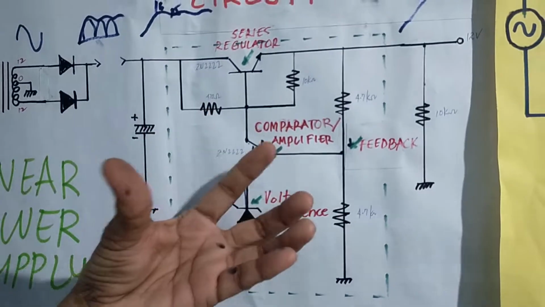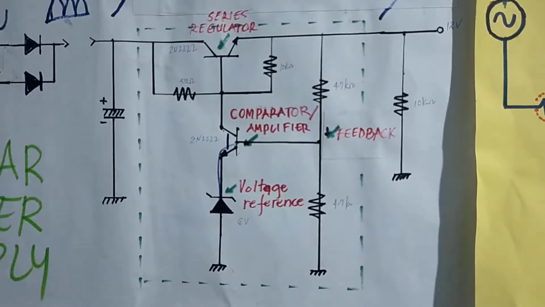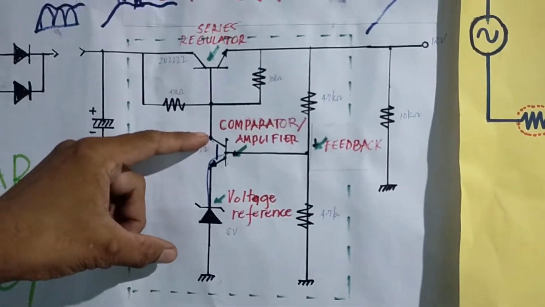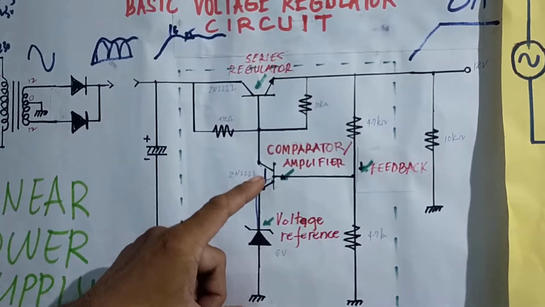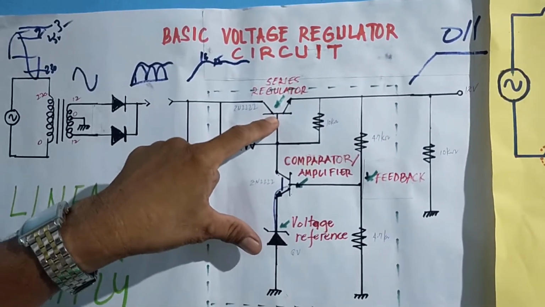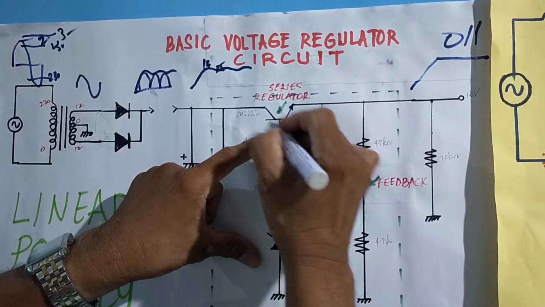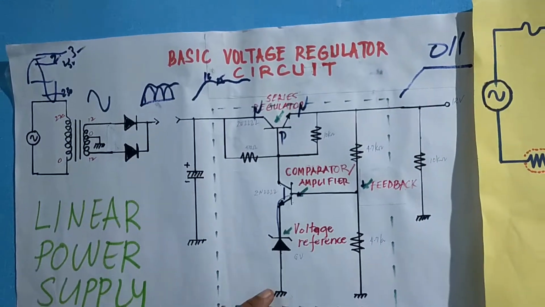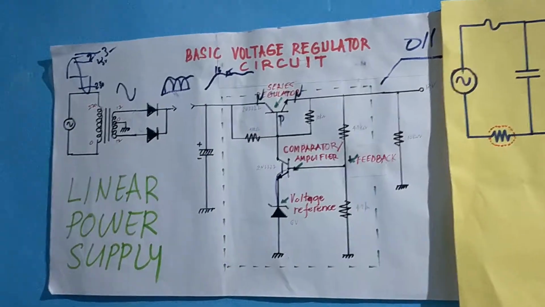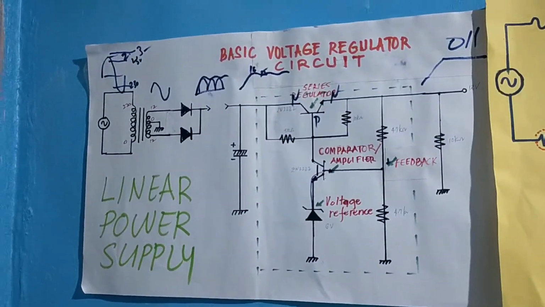Once the transistor is conducting more, the resistance between collector and emitter of this comparator is lower, putting the base here, NPN, positive base, to the ground. So this transistor could no longer operate at full swing.